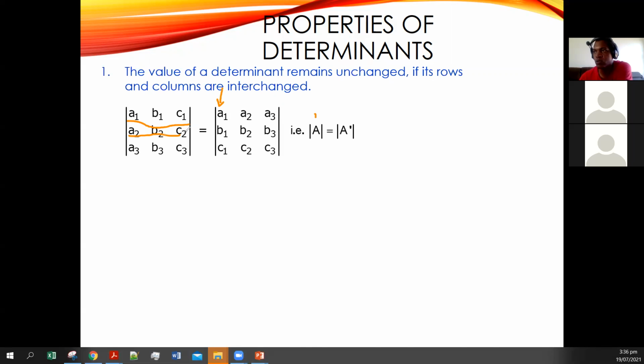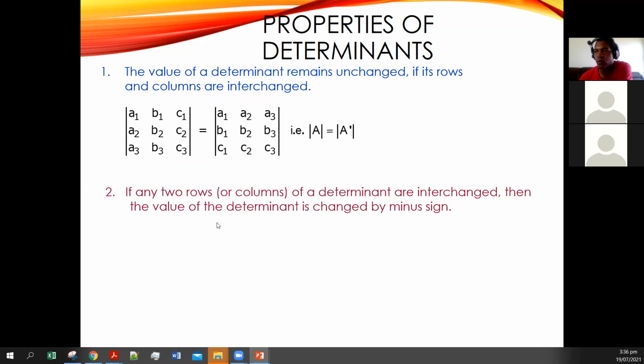Even if we transpose the matrix and are asked to find the determinant, it will still produce the same answer. So the determinant is a very unique special calculation that gives us the same answer all the time.